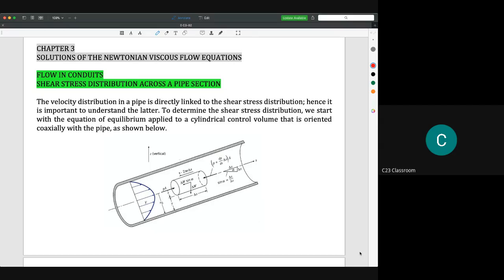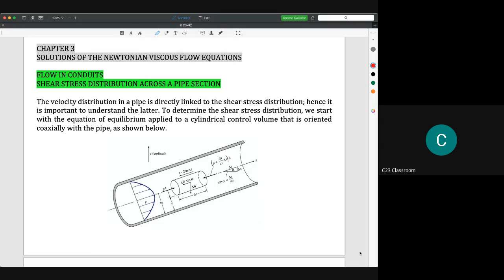When the flow is inside the pipe, it is quite similar to the idea of the third condition of Couette flow, where you have two plates with lubricant or not lubricant, the liquid between two plates.